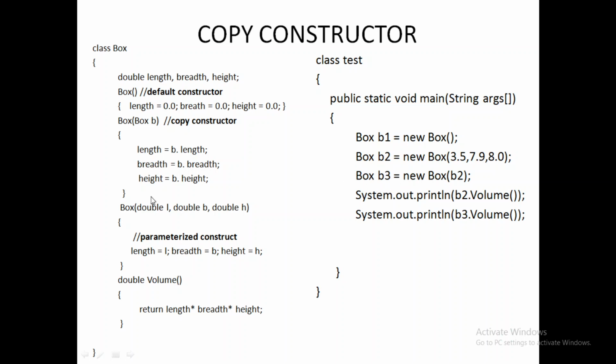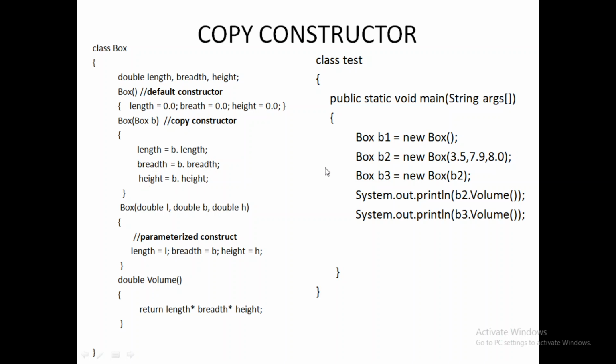Therefore the length, breadth and height which belong to the newly created object b3 get the values of b.length, here b referring to b2, therefore this b is actually b2. Then the length, that means b3's length becomes b2's length, b3's breadth becomes b2's breadth, or the reverse is true actually, b2's length becomes b3's length, b2's breadth becomes b3's breadth, and b2's height becomes b3's height.